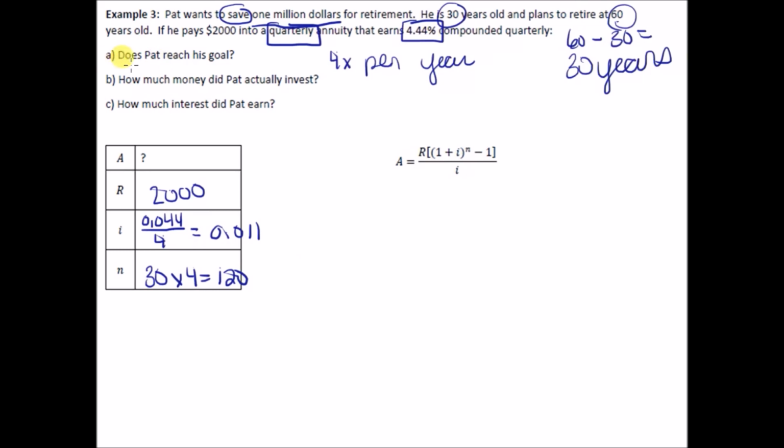Okay, does Pat reach his goal? Okay, so essentially what we want to do is we want to find out the amount and then compare it to $1 million. Okay, so the amount is, he's putting in $2,000, he's earning 0.011, 120 times.